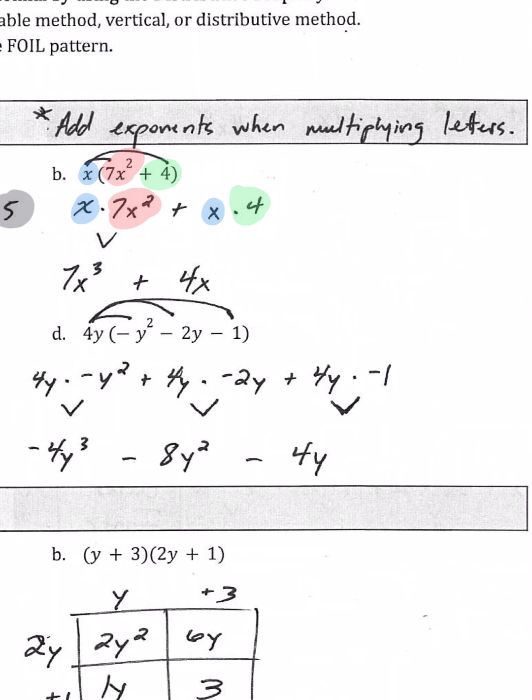When we multiply those together, x times 7x squared becomes 7x cubed. X times 4 becomes 4x, and we're done. The exponents do not match, so the 3 and what would be a 1 do not match, so we can't combine like terms any farther.